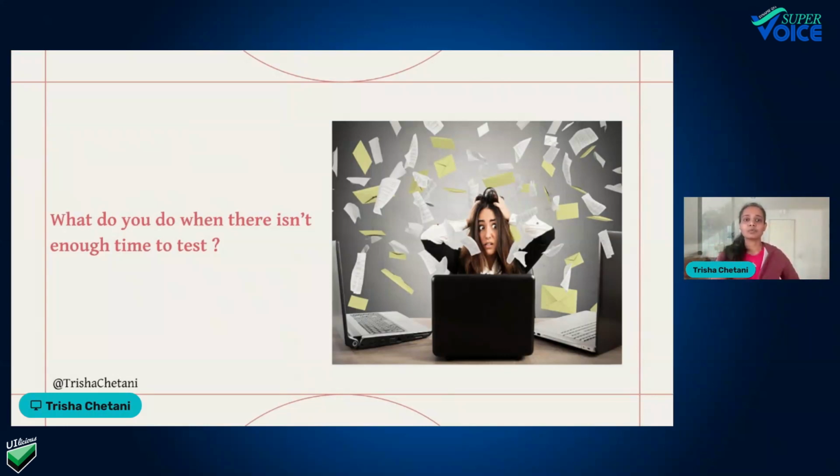Because you didn't have time to provide a correct estimation, or because of the lack of analysis, or unstable builds, or some technical debt somewhere, or the lack of agreement between all parties. And your manager comes and says, "Why didn't you do that particular test?" What do you do? I know it's a very annoying situation. I've been in that.